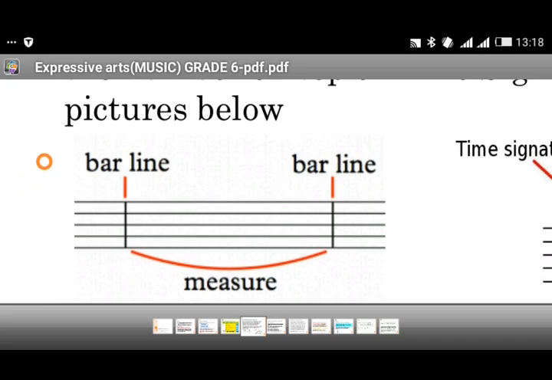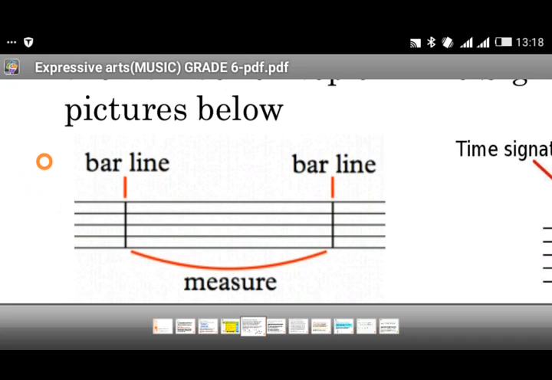So any space between two bars is called the measure, and it is very important to understand the meaning of measure, because if you can't, you're not going to know how to distribute notes into bars.